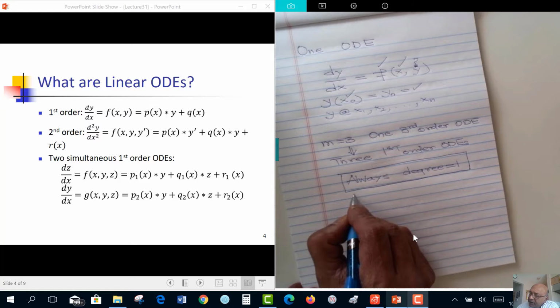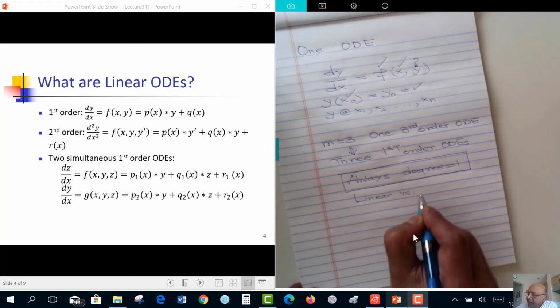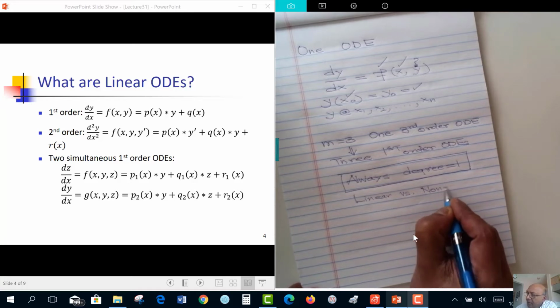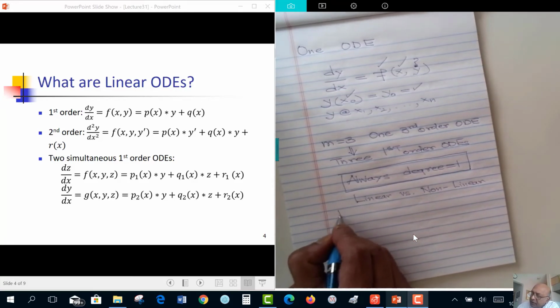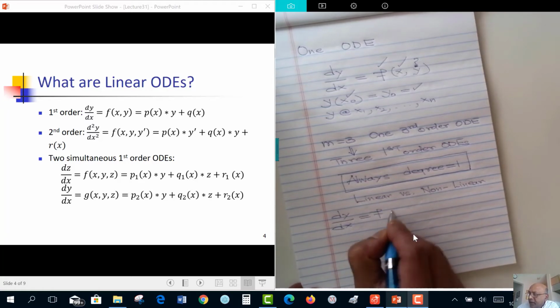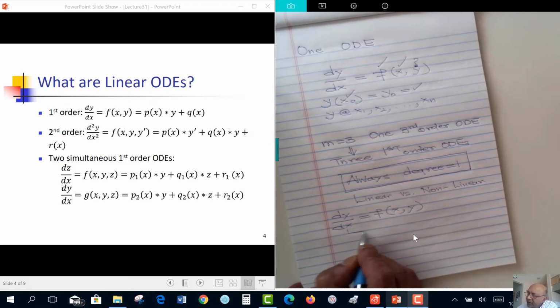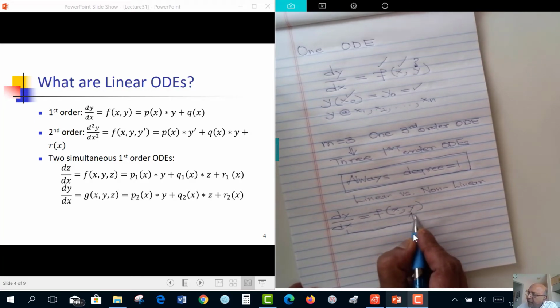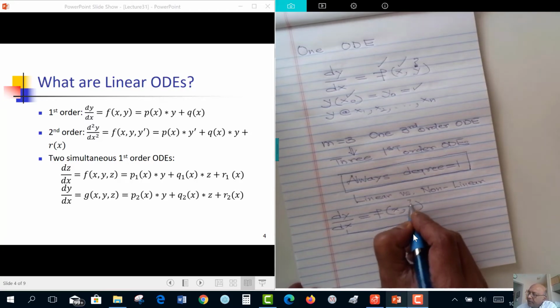So now let's see what is linear versus non-linear ODE. Let's consider dy dx given as a function of x and y. So the question is, is dy dx linear with respect to this unknown or not?